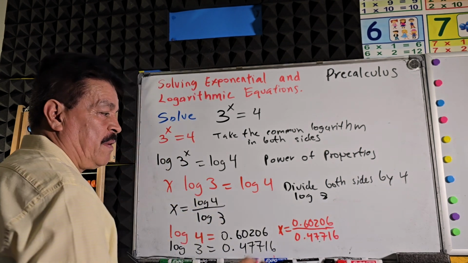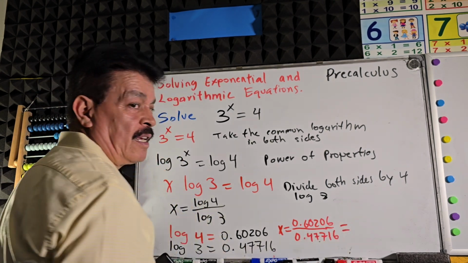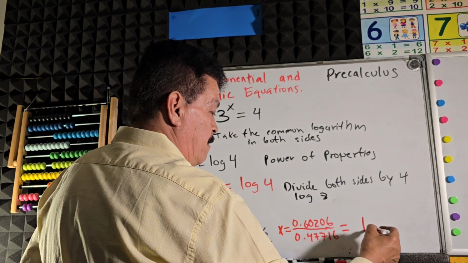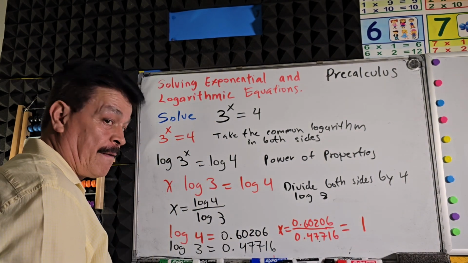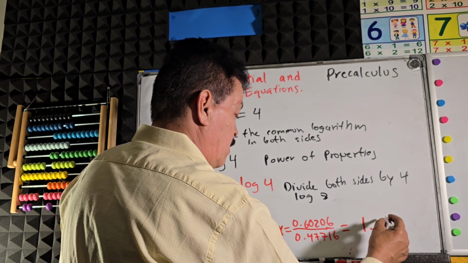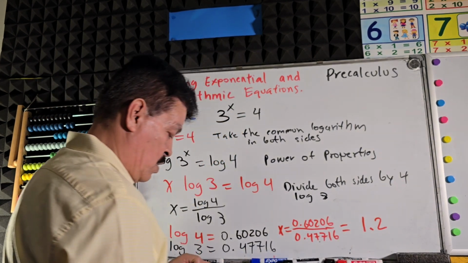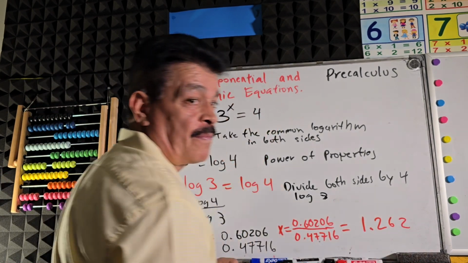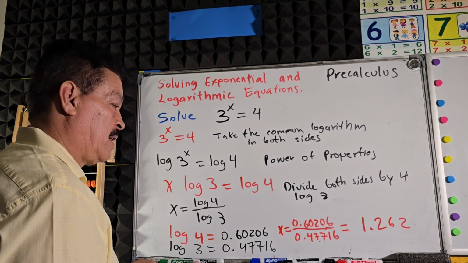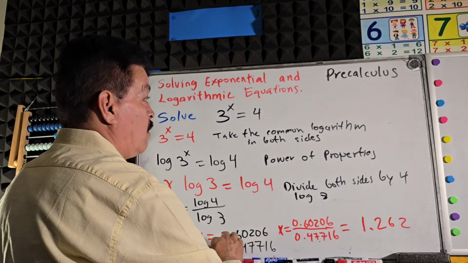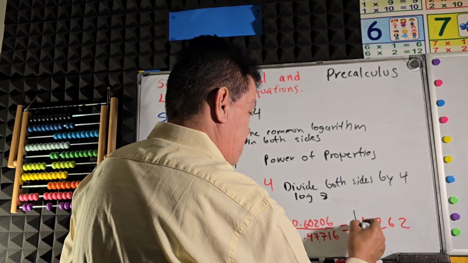Okay, you simplify this. If we simplify, the answer will be 1.262. That's the answer. Okay, that's the solution to this problem. All right.